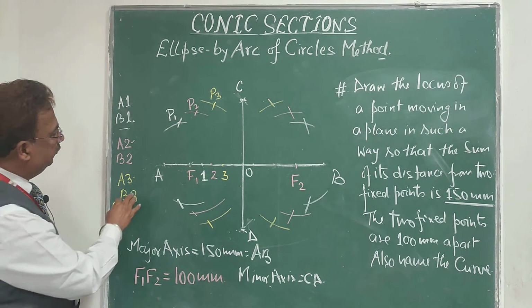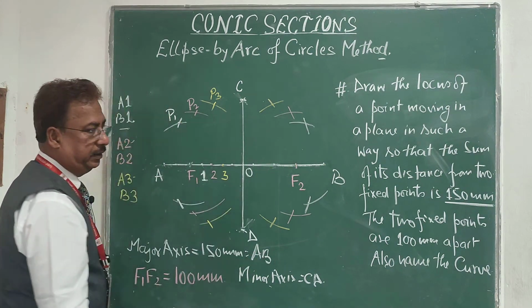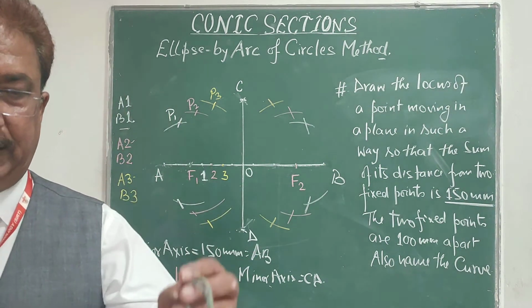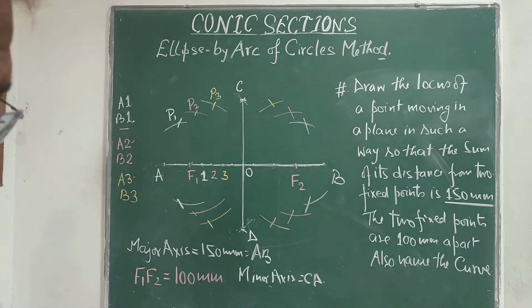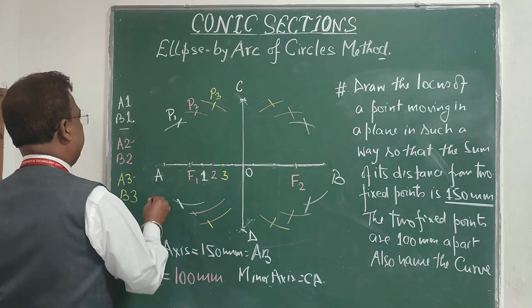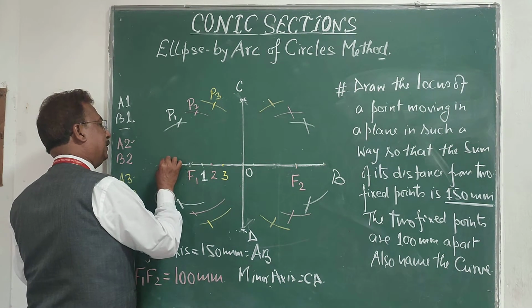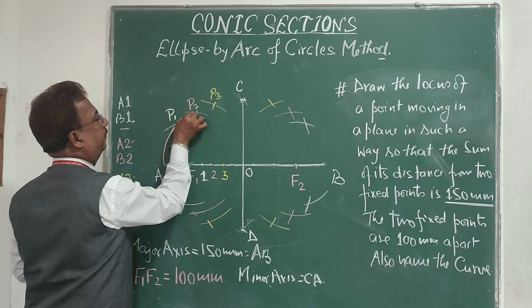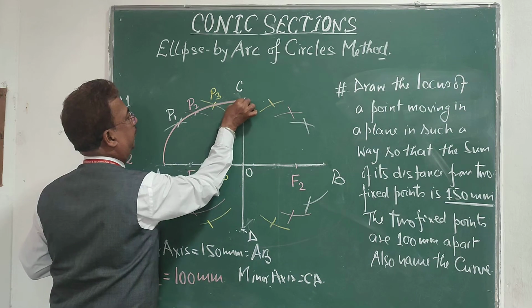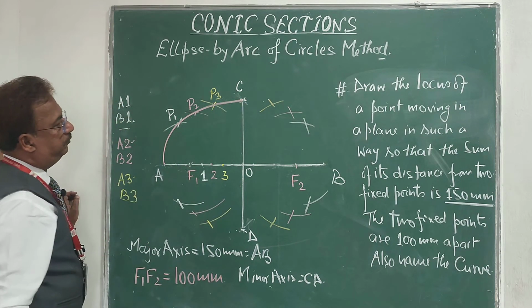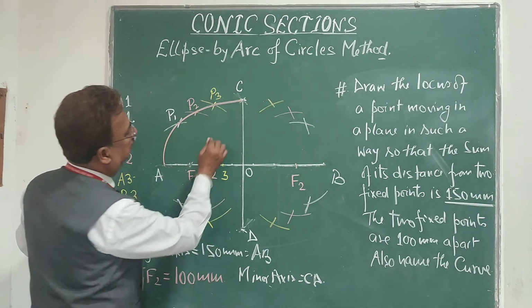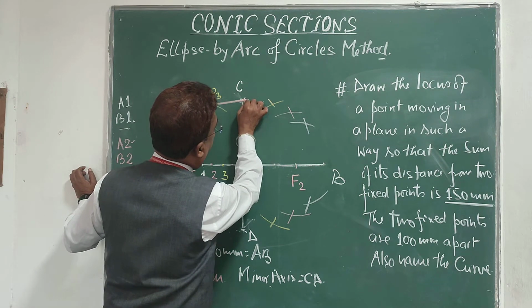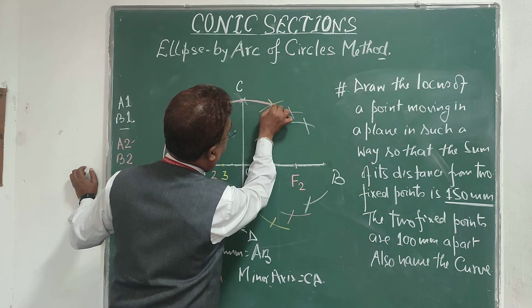Now if you look at this figure, I have got multiple points. If I join all those points with the help of freehand or a French curve, I can easily get an ellipse like this. So this is one quarter part of the ellipse. In the same way I can move up further.